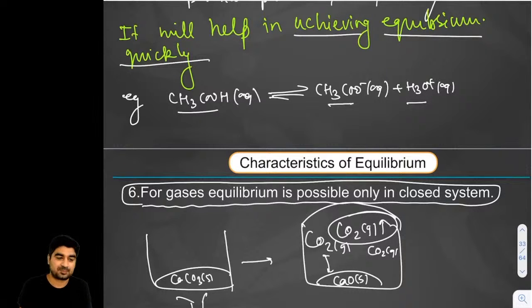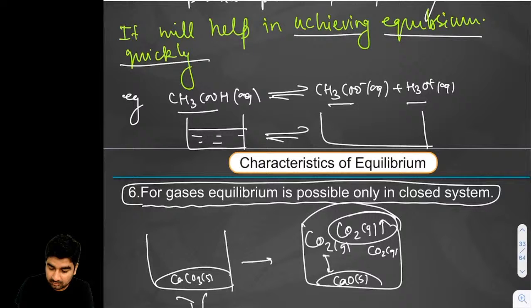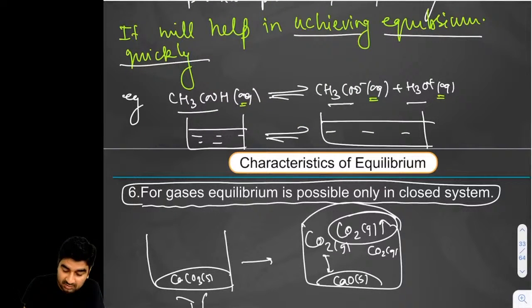Now what will happen? This equilibrium can be achieved in an open container. Why, guys? Now I'm telling you, because in this case no gas is involved, everything is liquid. Initially there was only CH3COOH, but once equilibrium is achieved, I will have this.